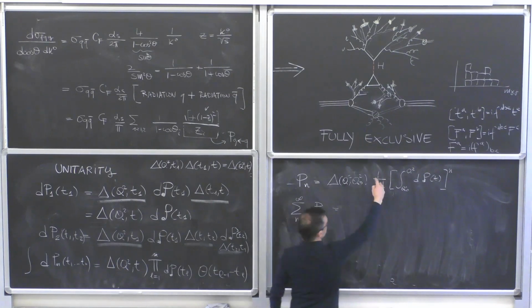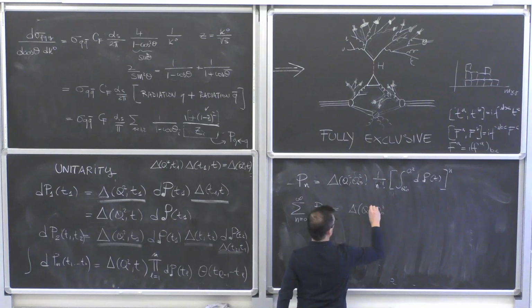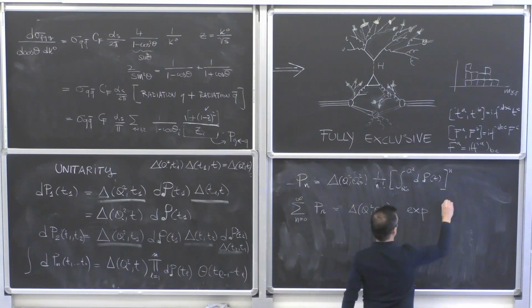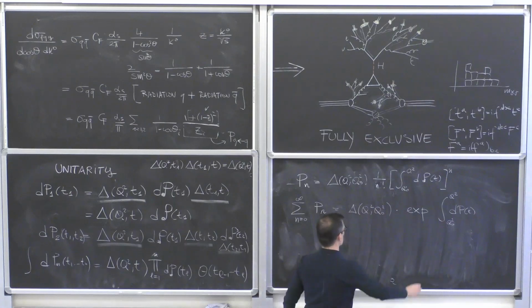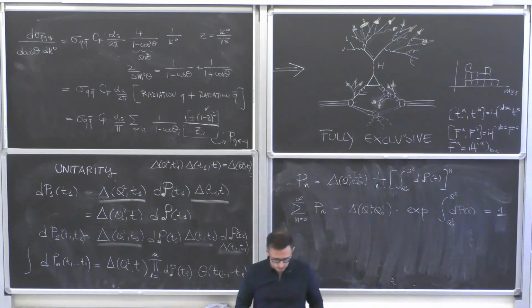So this gives me an exponential with a plus, times exponential of the integral of dp t from q squared to q0, which is 1. So at the end of the day you have something which is unitary.